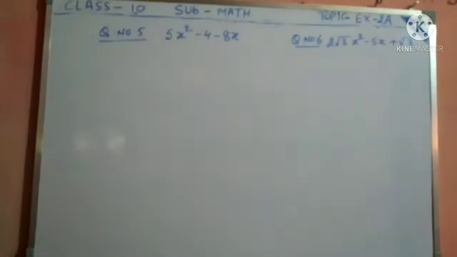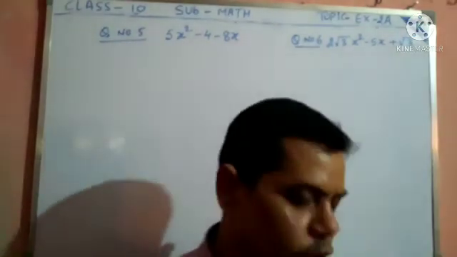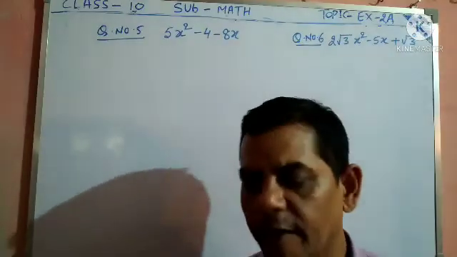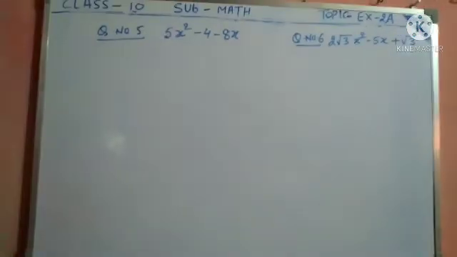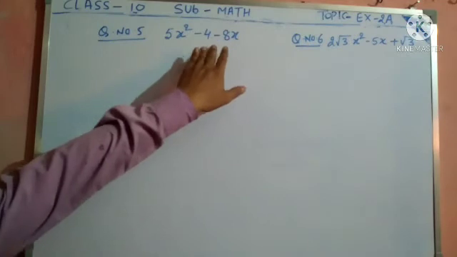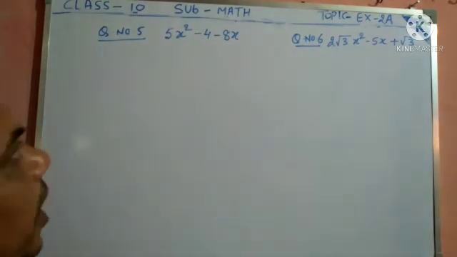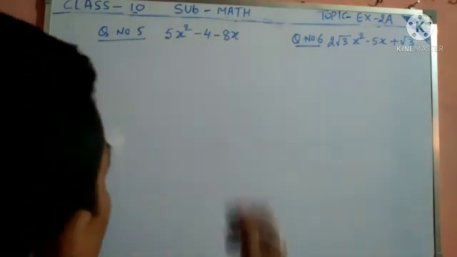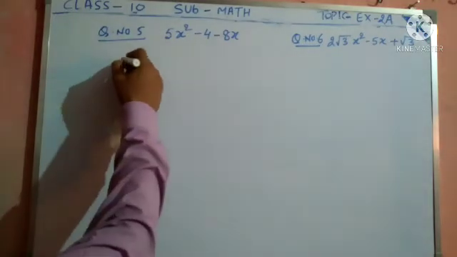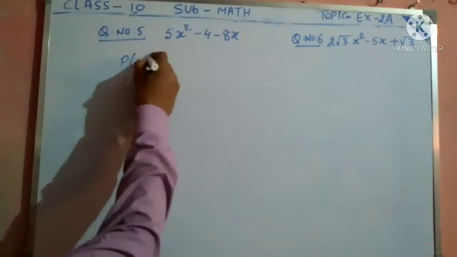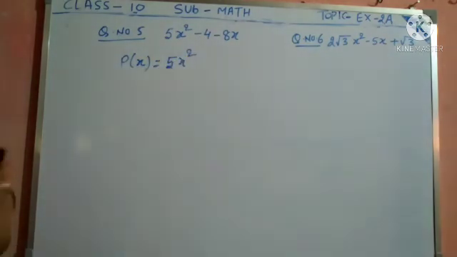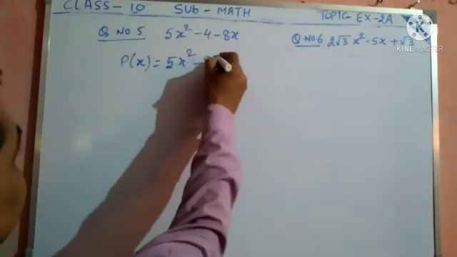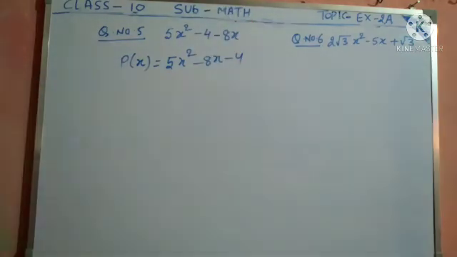So find the zero and verify this equation. Question number 5 is 5x square minus 4 minus 8x. So we take p of x as 5x square minus 8x minus 4.